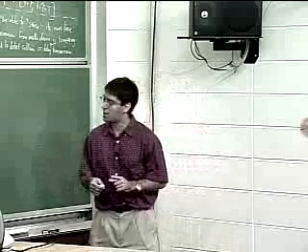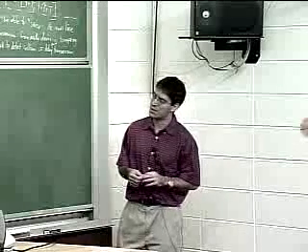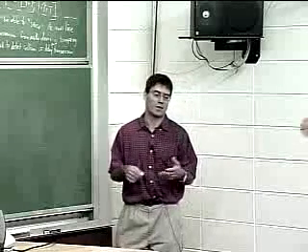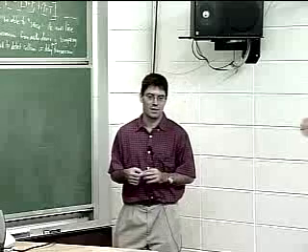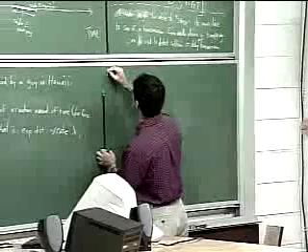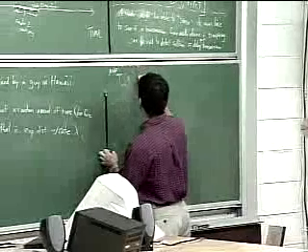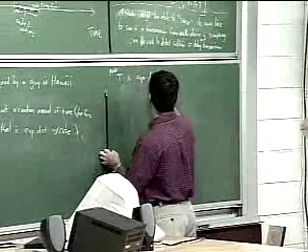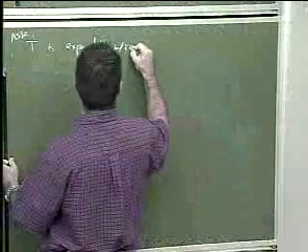Actually, there were two properties I forgot to mention in our probability review. One of them is this. This is an aside for a second. T is exponentially distributed with rate lambda.